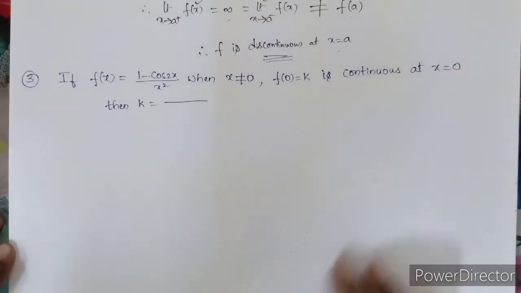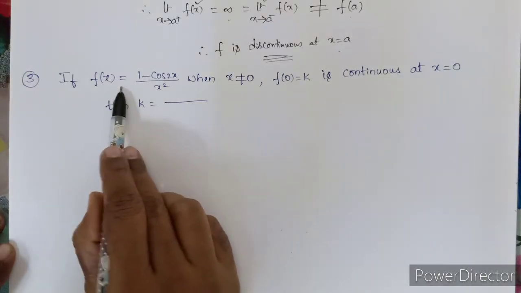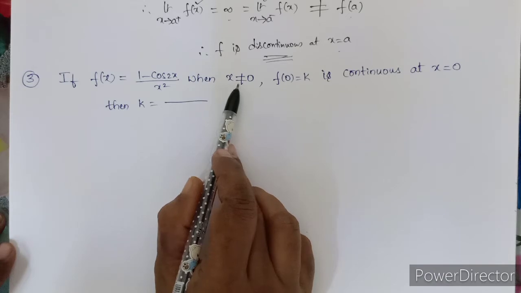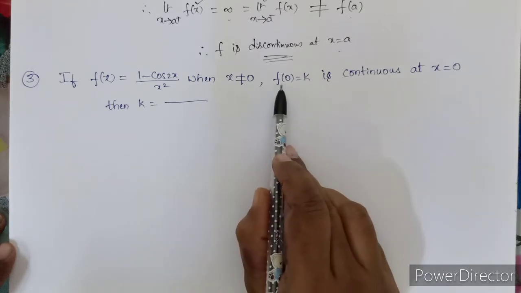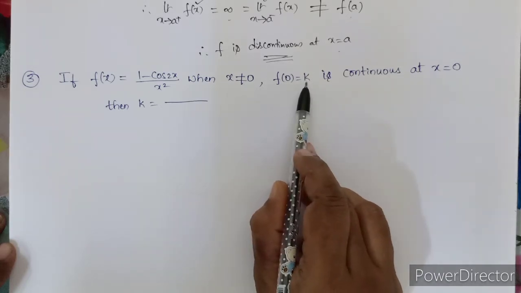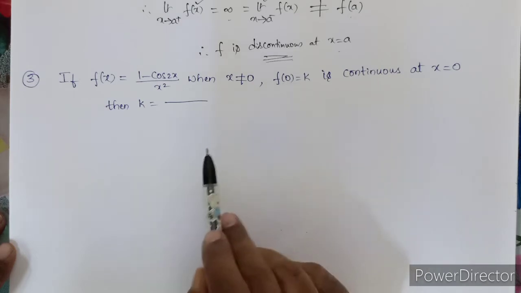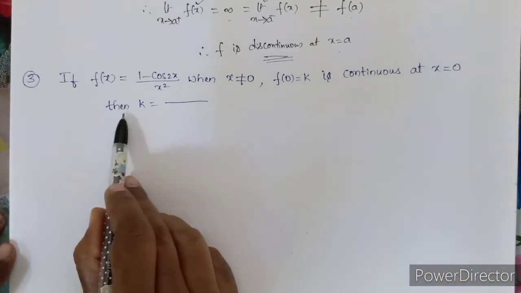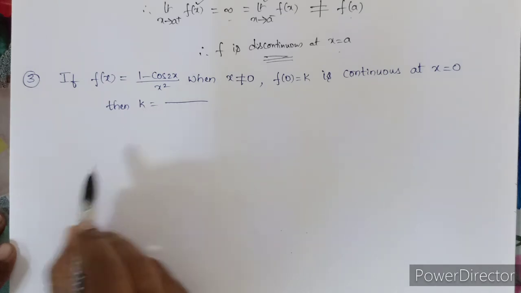We'll see one more problem. f of x is equal to 1 minus cos 2x by x square when x is not equal to 0, and f of x is equal to k when x equal to 0. Is continuous at x is equal to 0. Now we have to find out the value of k.